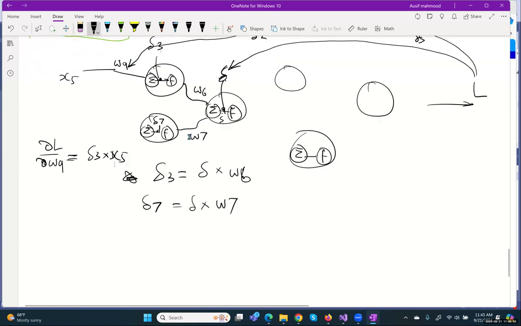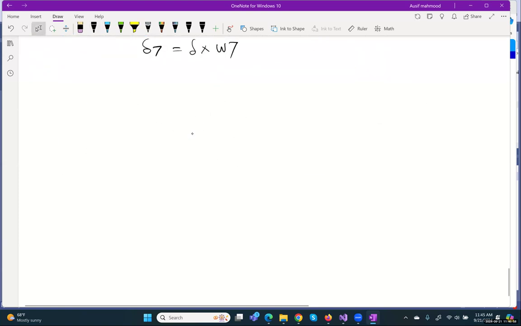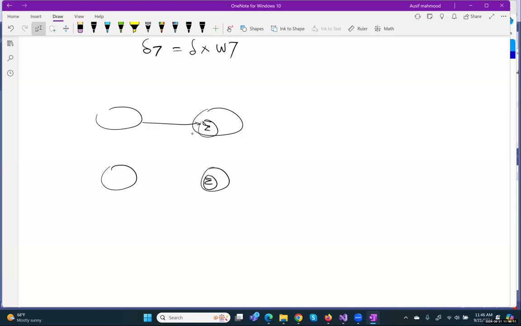Before I show you the 5 neuron example, suppose we have some, remember the output will go to each and every neuron. So this output will go over here. This output will go over here as well, right? Suppose this is W6. Suppose this is W7 in some scenario. This is an activation function. Suppose I call this delta 9.